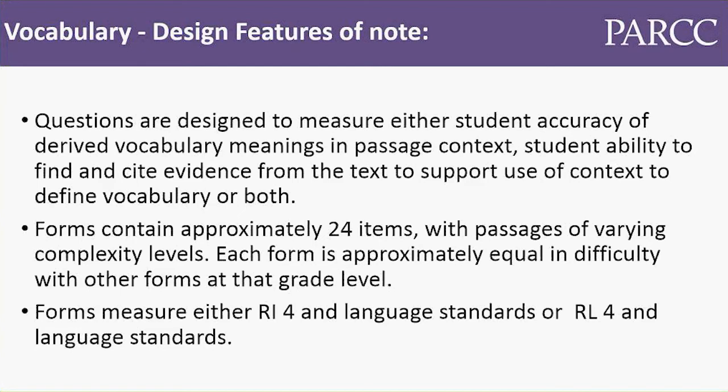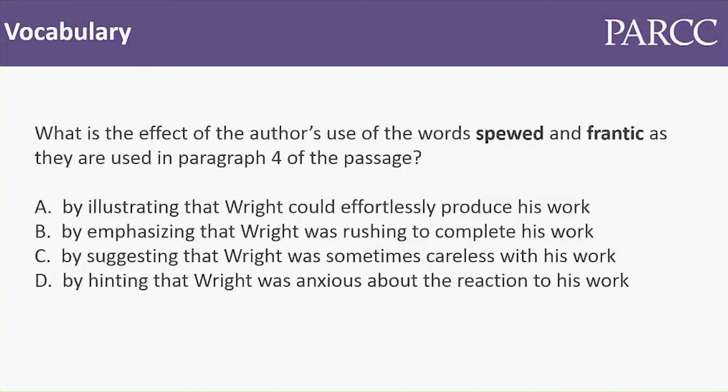When you take a look at the first item that you'll see in a moment on the screen, you'll see again that these items mirror the difficulty and complexity of the items that would be equivalent to the vocabulary items on the PARCC summative assessment.